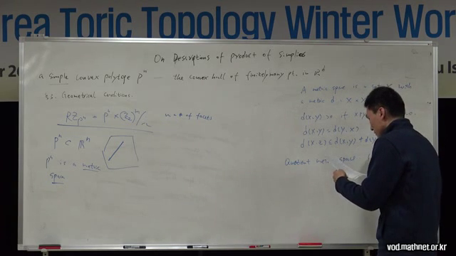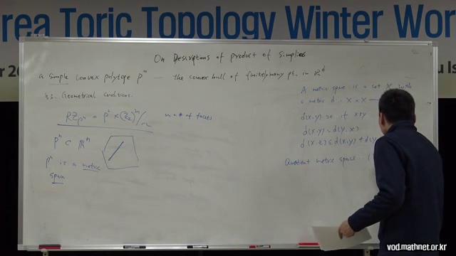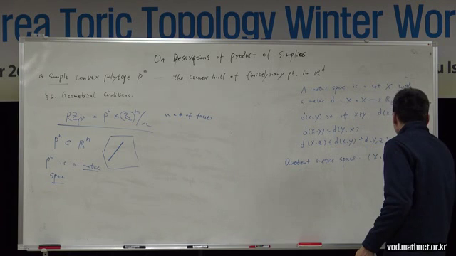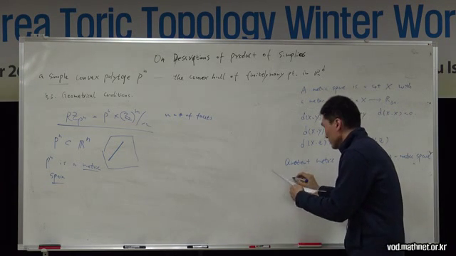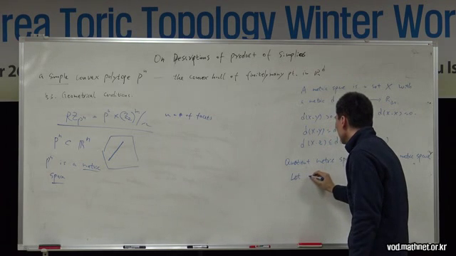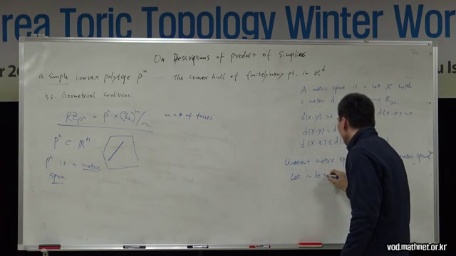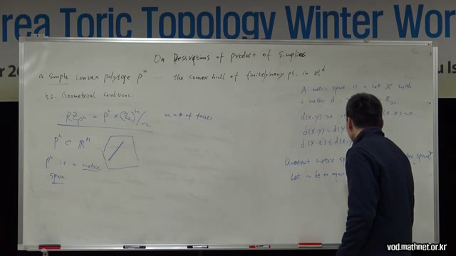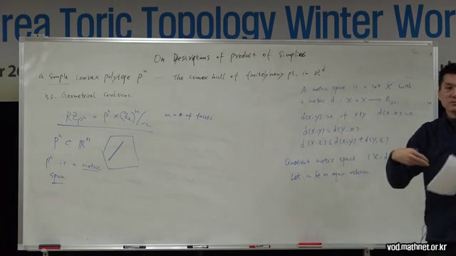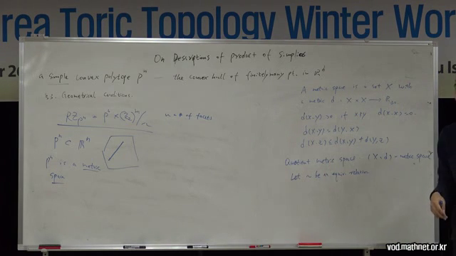Suppose this is a metric space, and let this be an equivalence relation. We can think of gluing as taking the cosets of some equivalence relation on a set.